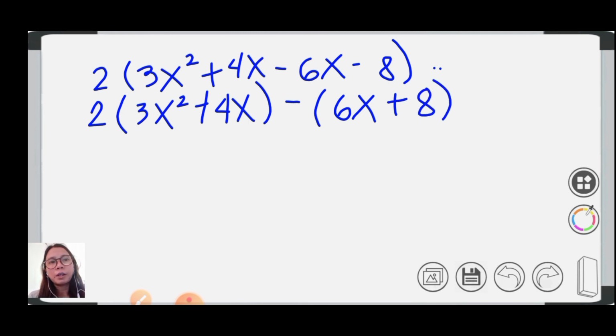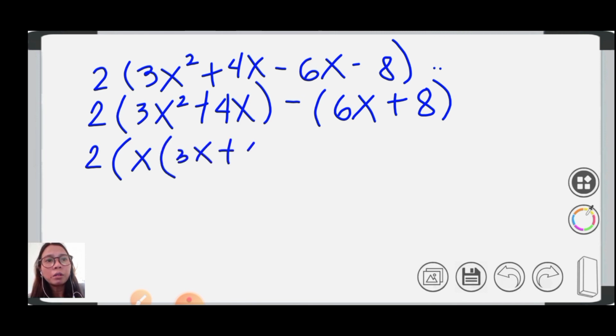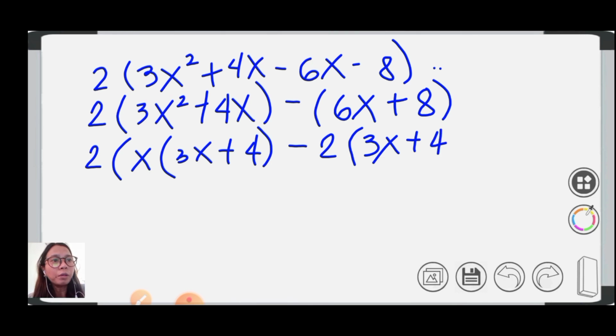So we rename the terms, because negative times 6x is still negative 6x, same with positive 8. Let us get the GCF. So we have x times the quantity of 3x plus 4, minus 2, because the GCF of 6 and 8 is 2, times the quantity of 3x plus 4.